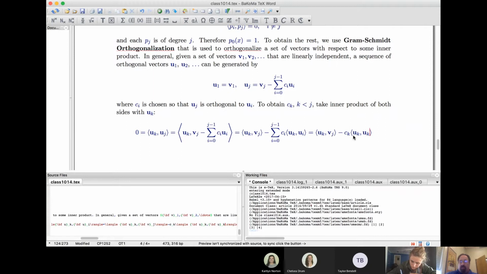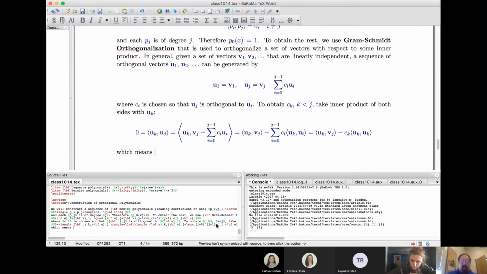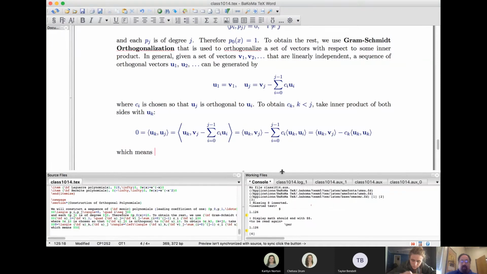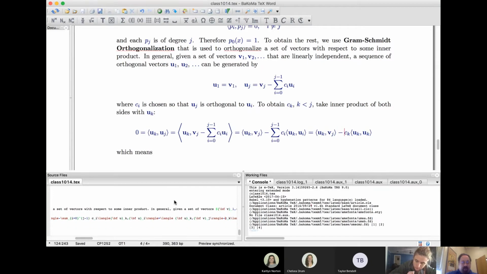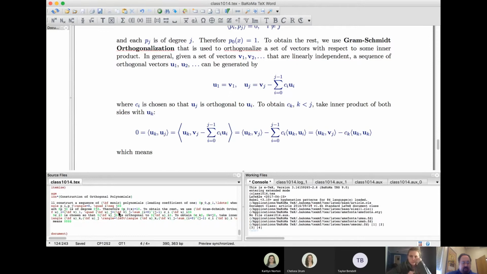If they were orthonormal, this would be 1, but we're not going to assume that here. So now we have a formula. All of this must be equal to 0 way over here. So now we can use that to solve for ck.